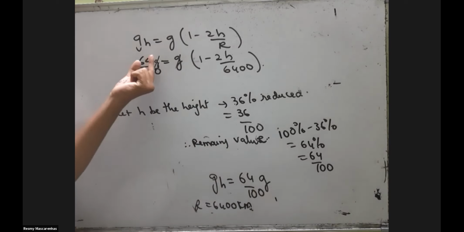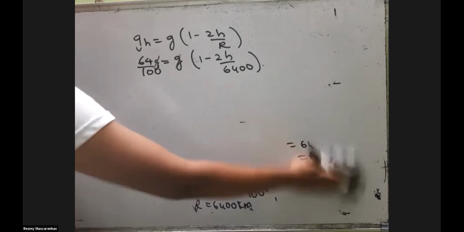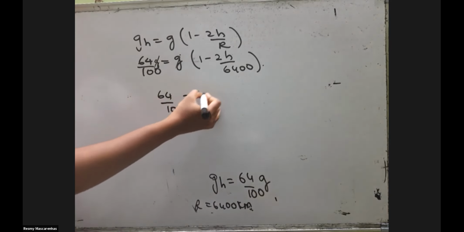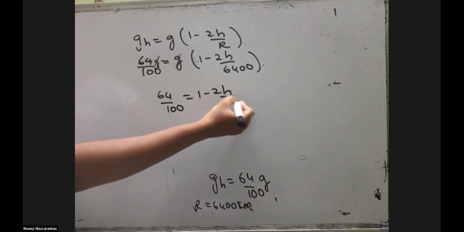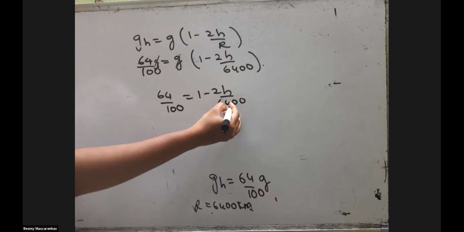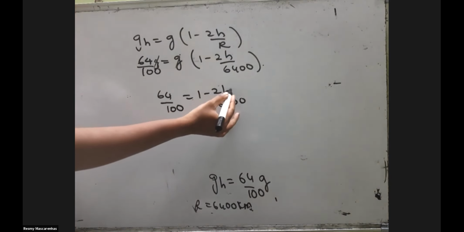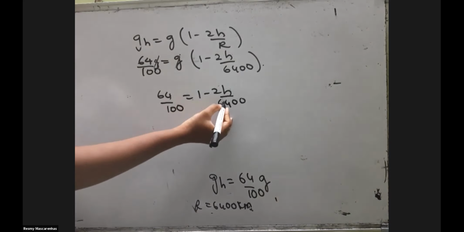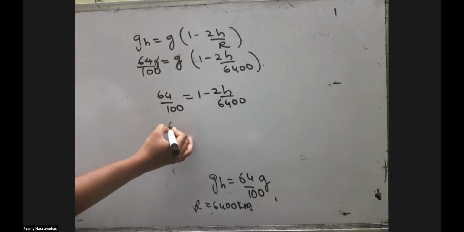This value is substituted, g and g will cancel. So this will be 64 upon 100 is equal to 1 minus 2h upon r. I have used kilometers only right now, so later the answer, whatever it is, I will write in kilometers. So what you can do, this value you can bring to this side.